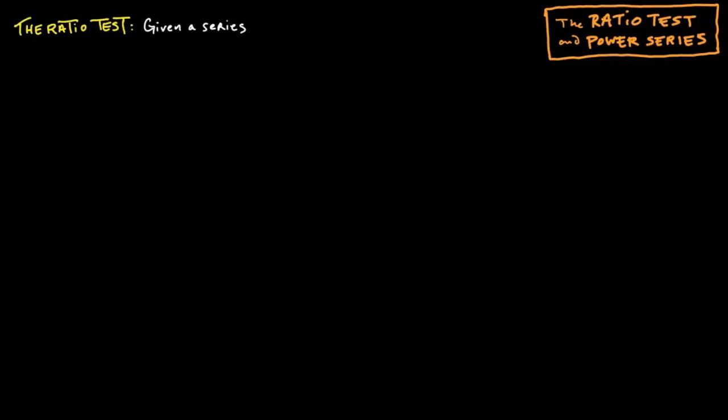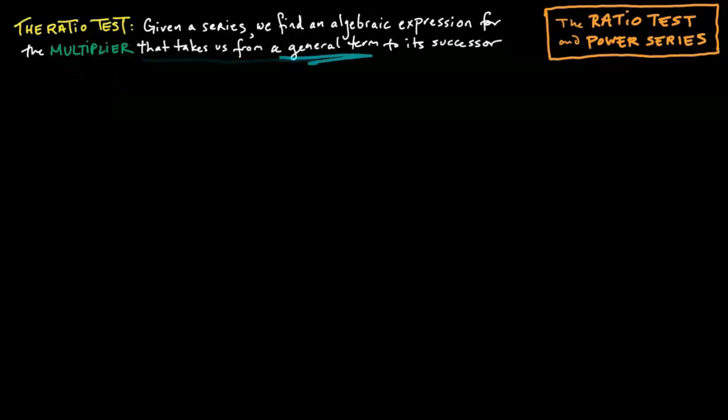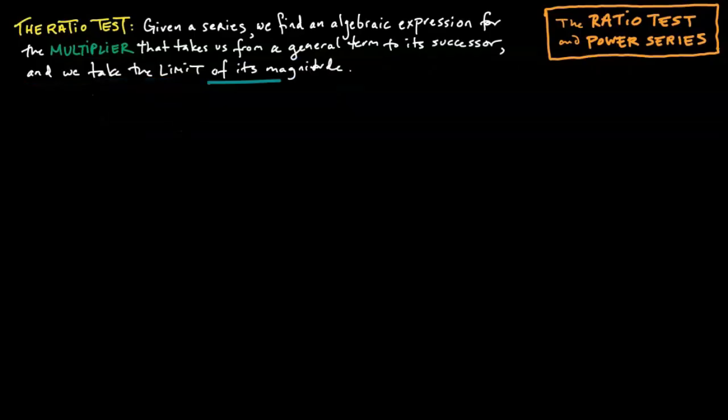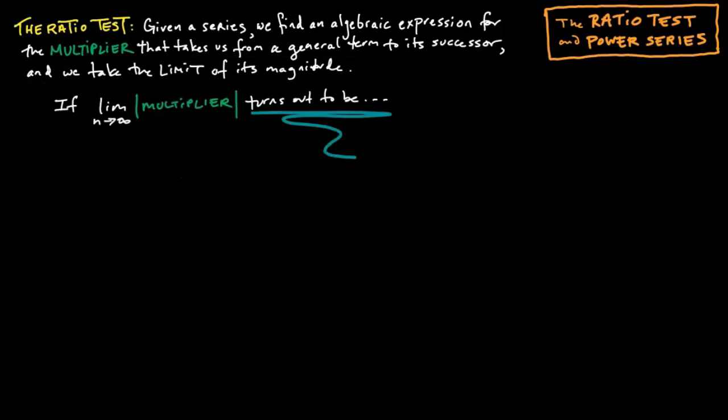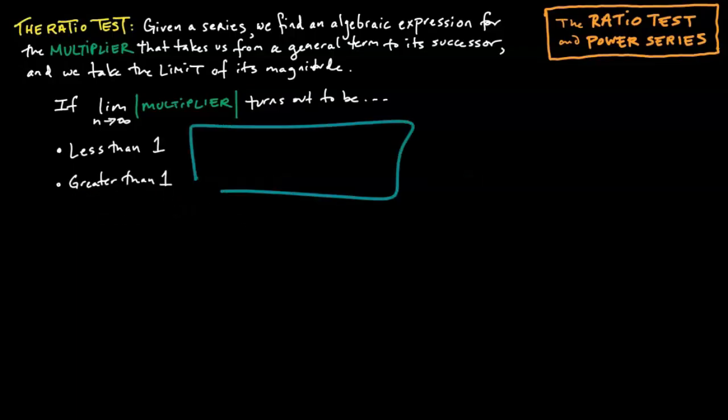Given a series, we find an algebraic expression for the multiplier that takes us from a general term to its successor, and we take the limit of its magnitude, that is, its absolute value. If the limit of this multiplier's absolute value turns out to be less than 1, then something happens. And if it turns out to be greater than 1, then something happens. What are those somethings?